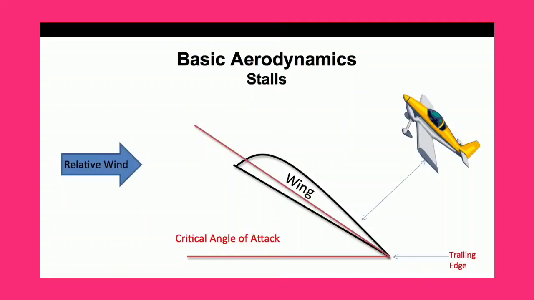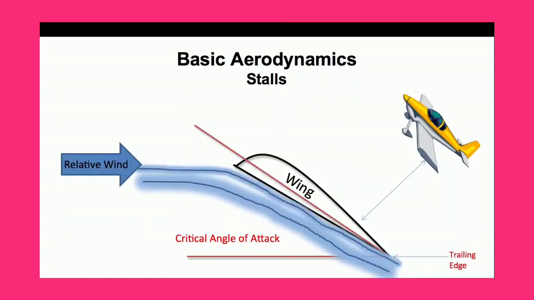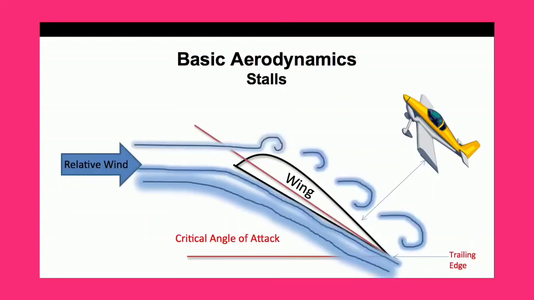It is also caused by the disruption of the airflow from the upper surface of the wing or airfoil. The airflow then separates at what's called the trailing edge. The separation progresses forward until the wing is fully stalled. Therefore, a stall is a rapid decrease of lift caused by separation of airflow.